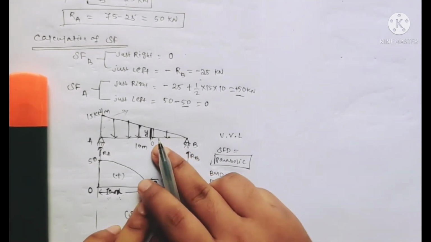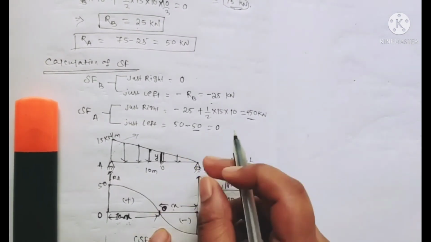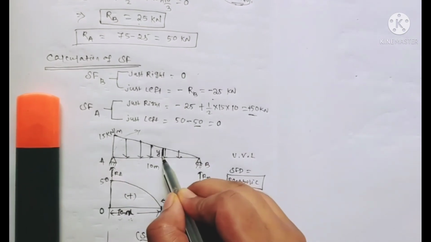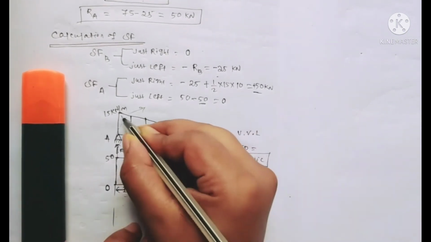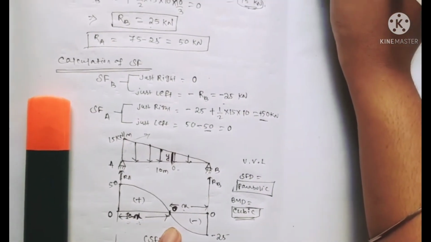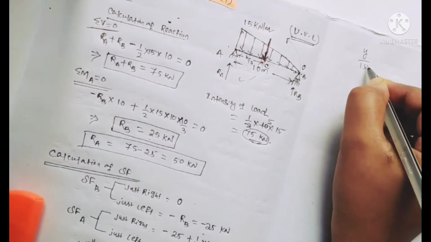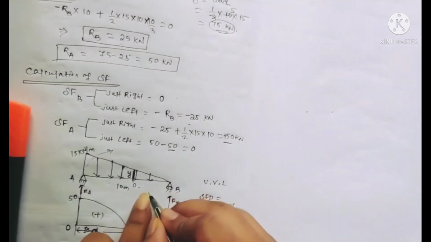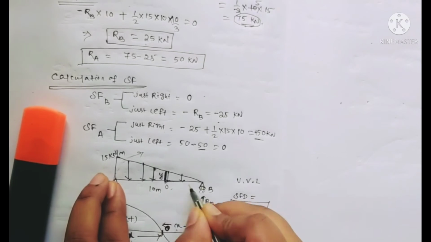Here we apply the similar triangle principle. Compare the small triangle with the big triangle: y divided by 15 will be equal to this distance divided by the whole distance.